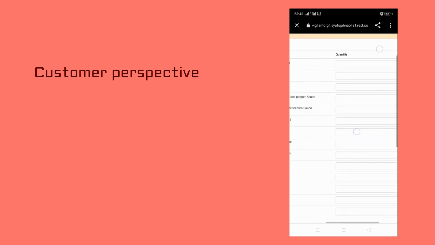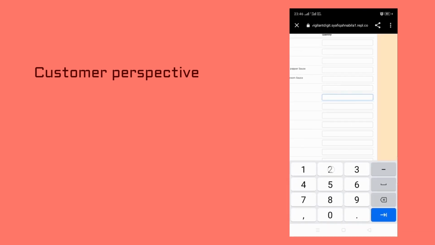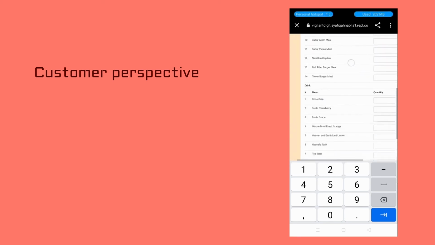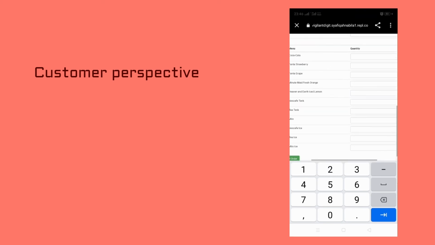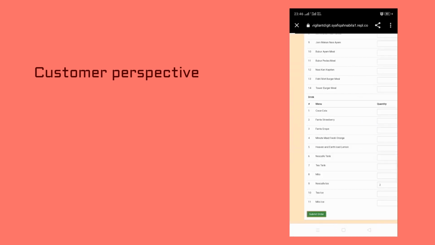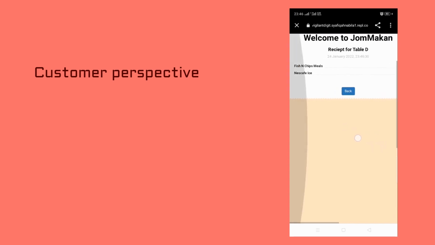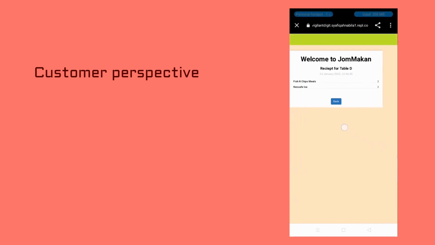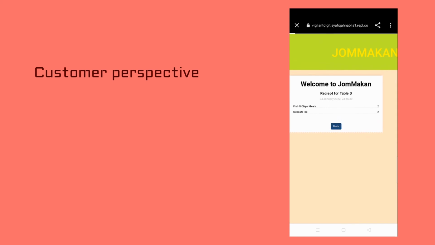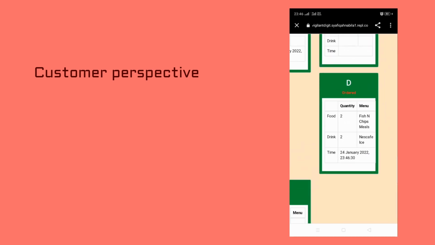And then this is when the customer puts in the quantity for the food and beverage that they want. And then the customer will click on the submit button. So here he chose Nescafe ice and fish and chips meals. Here is where the system will display the receipt for what they have ordered. The receipt will be shown in the dashboard.